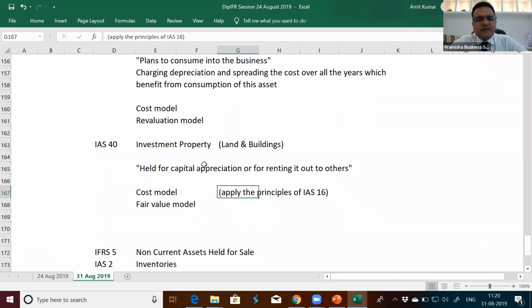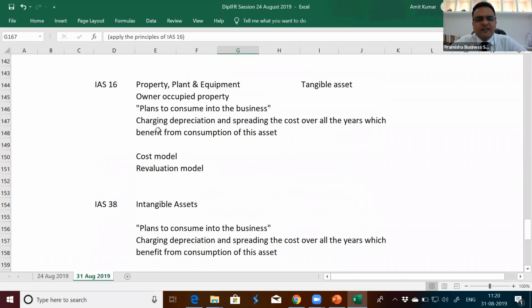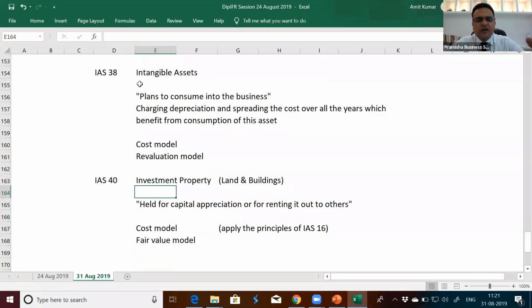It means that whatever the principles of IS 16 are for dealing with property, plant and equipment, for charging depreciation, for component accounting, or whatever method you're using for showing the pattern of consumption, for recording it at cost or any other value, the cost model of IS 16 and the cost model of IS 40 are the same, because we do not need to rewrite the cost model for IS 40. We'll simply write that apply the principles of IS 16. If you're using the cost model, the job is done.